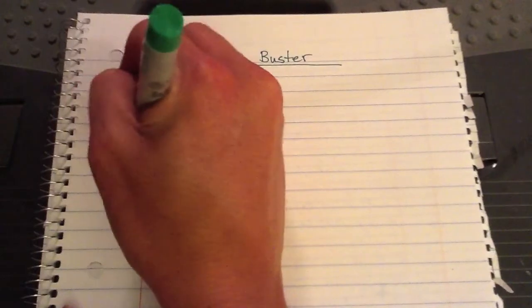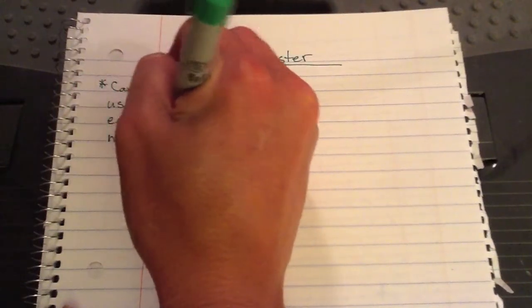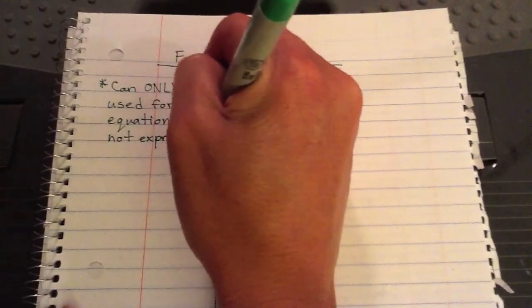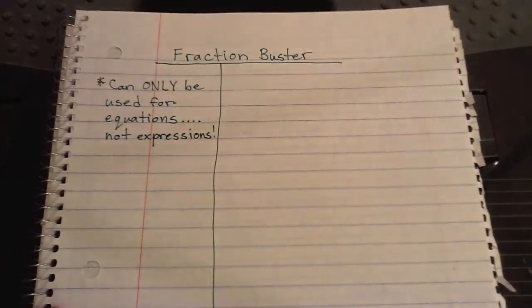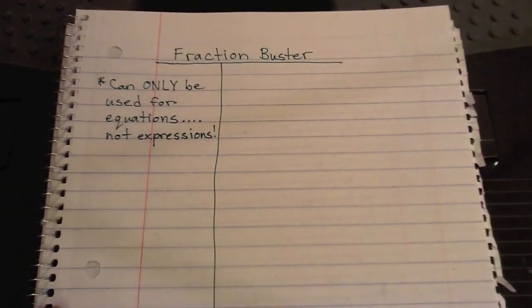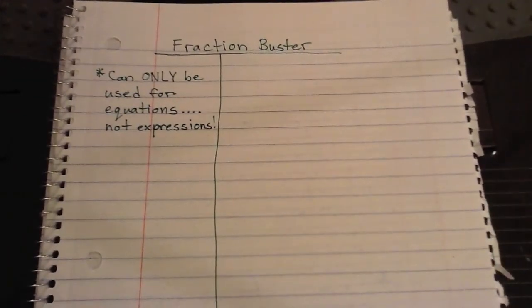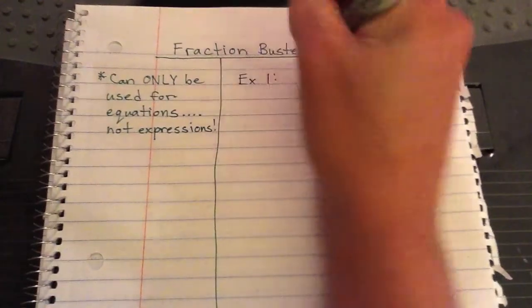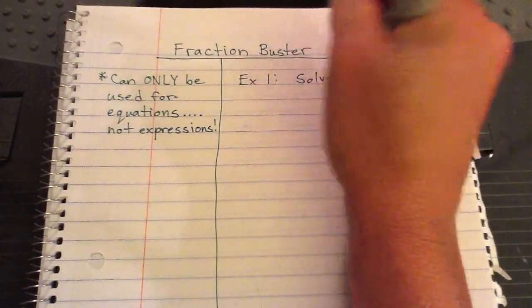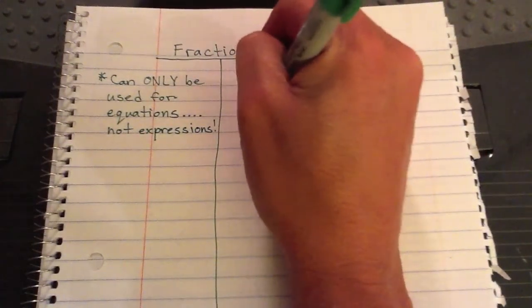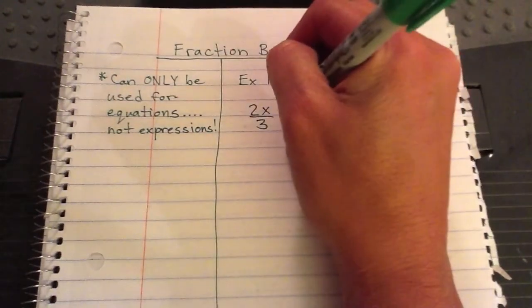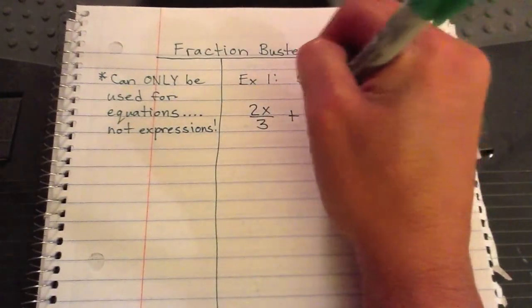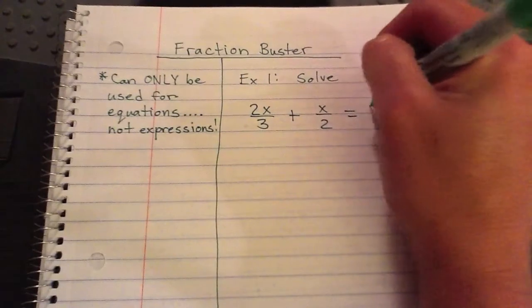Not expressions. So just be really careful with that. Later on when you come across expressions again, you don't want to start using that. This is example 1. Solve 2x over 3 plus x over 2 equals 7.